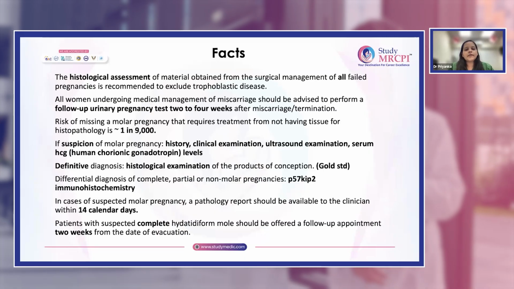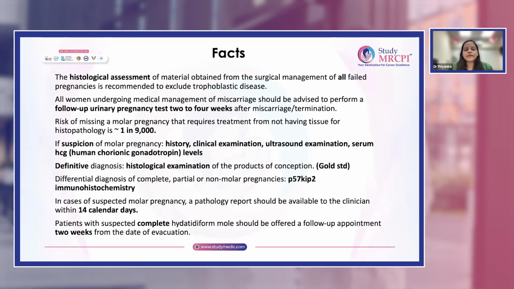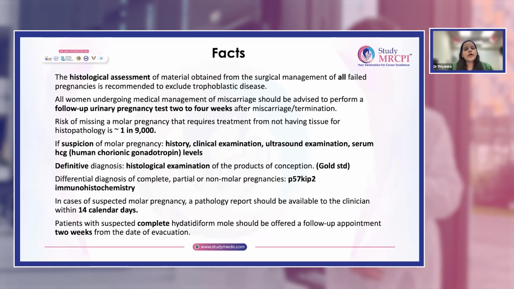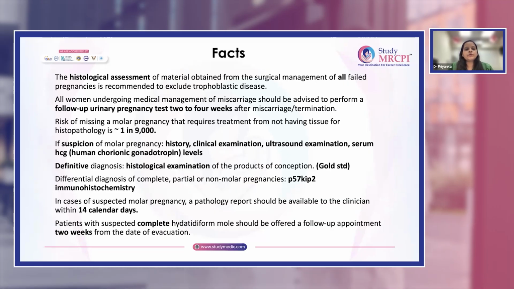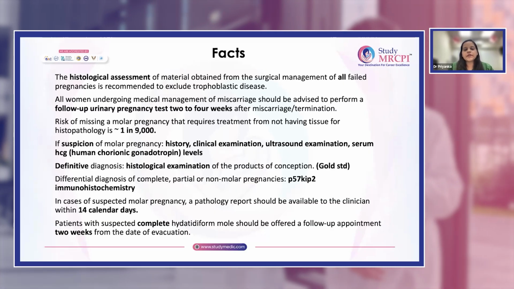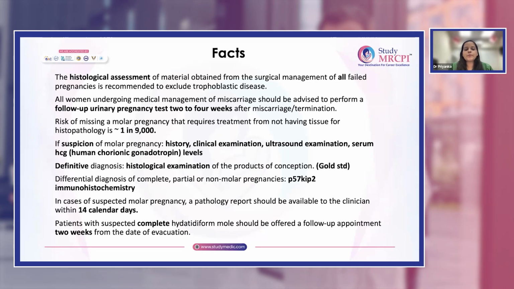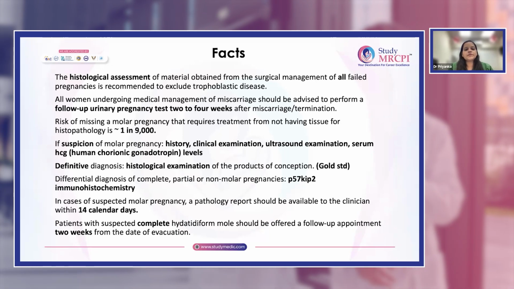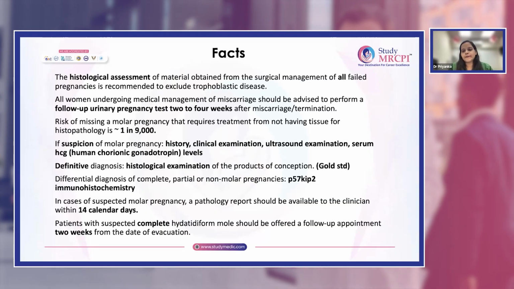We need to do a clinical examination, looking at the fundal height and her pulse, and a general examination. We need to do an ultrasound examination to look for the type of molar pregnancy, whether it's a complete mole, which will show the snowstorm appearance, or a partial mole, where there is a molar mass with the coexisting twin.